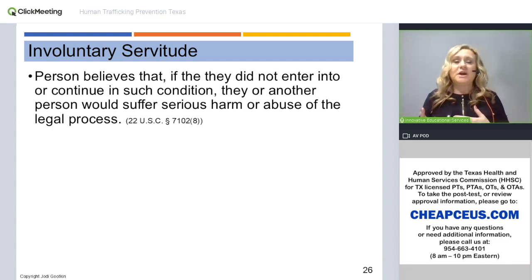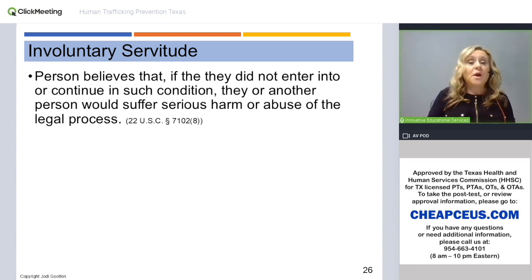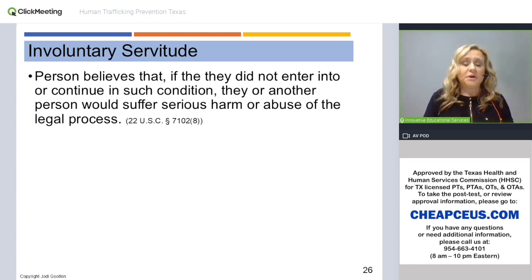It may be threats related to their legal status, maybe crimes that are associated with the trafficking situation that the trafficker convinces them they will be held responsible for, compulsory labor that they feel they have to continue with, or that sexual exploitation because of that fear of something else happening that's worse. They just think they have to continue.